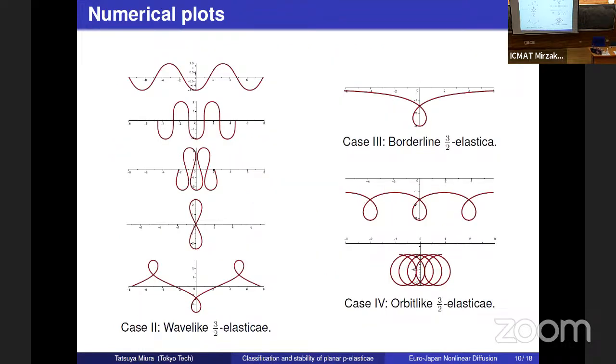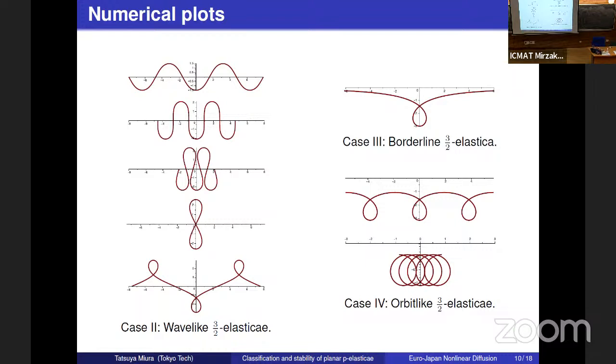Now I show you some figures of p-elastica. In case 2, we have a sign-changing curvature, so we have inflectional curves, which we call wave-like p-elastica, because in the classical case those are called wavelike elastica. Actually, Jacobian elliptic functions have a modulus, which is one parameter, so it is a one-parameter family of curves.